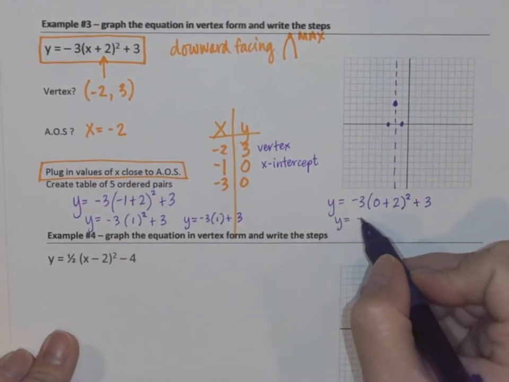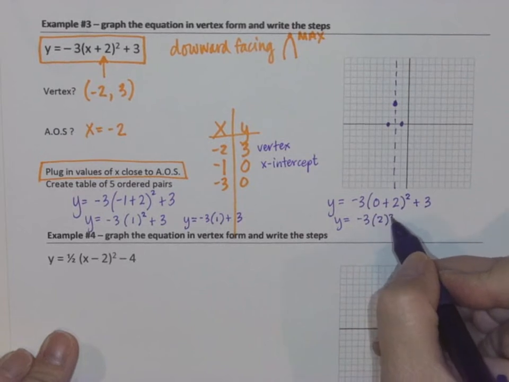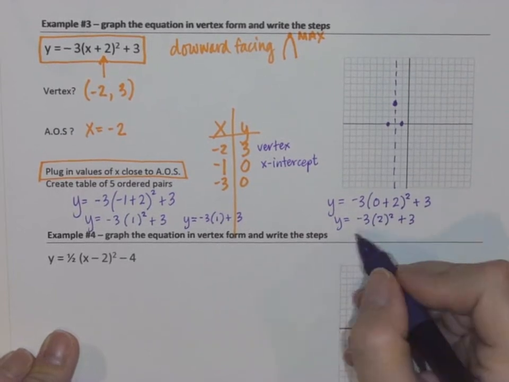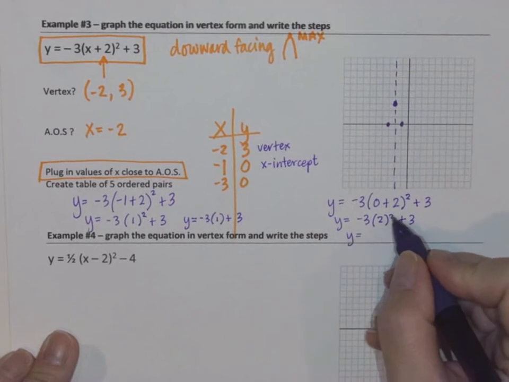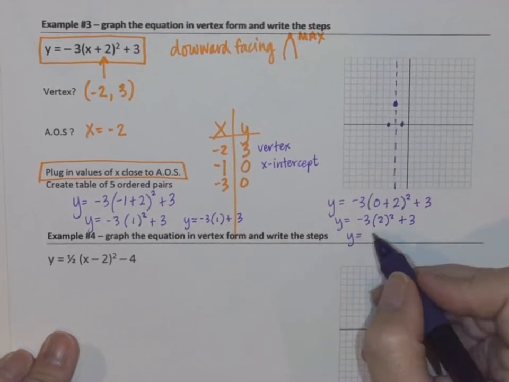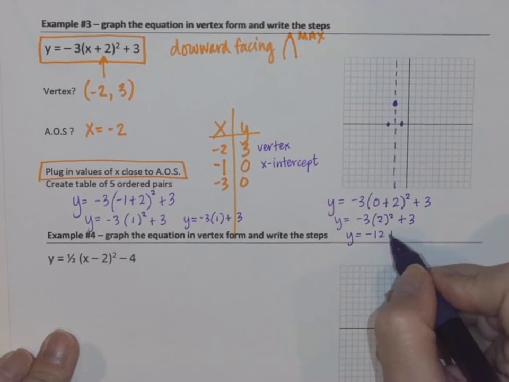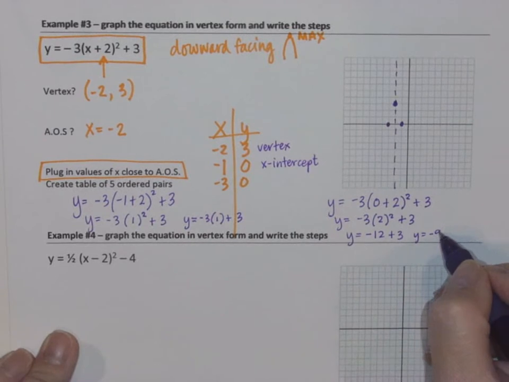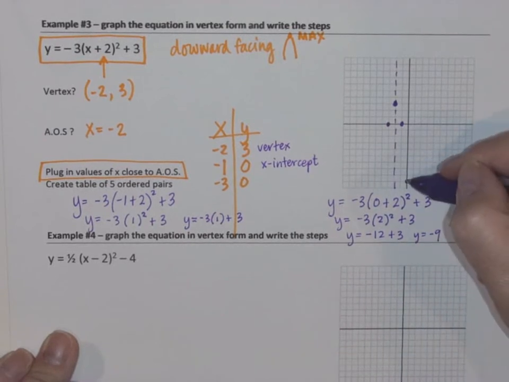And again, we want to make sure we do our order of operations correctly, or just use a calculator so that you don't mess it up. Okay, so 4 is my 2 squared times negative 3, which is negative 12, plus 3. So my y value when x is 0 is going to be negative 9, which is down here.